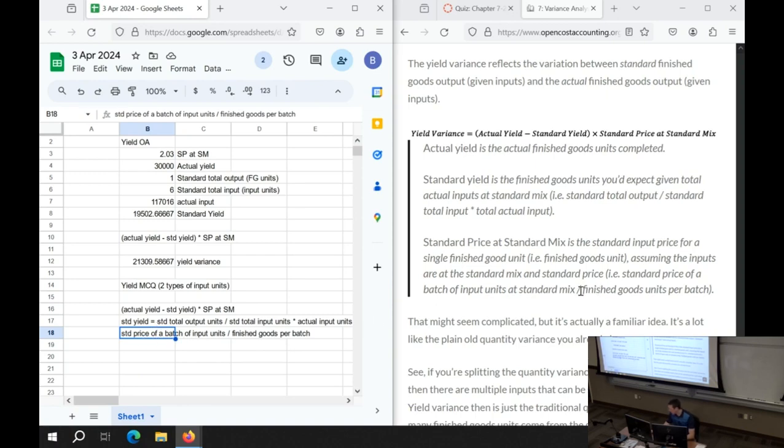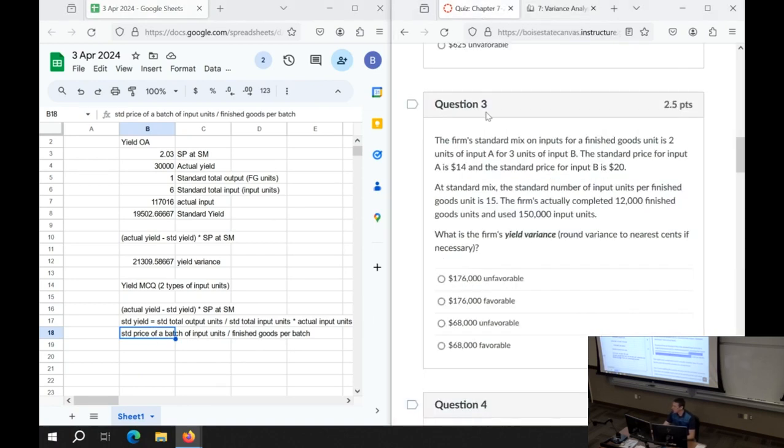We're saying standard price of 1 finished good per batch of input units. In fact, maybe I don't even need to include that. Because in this question, the standard price for a single finished goods unit is based on the fact that a finished goods unit takes 2 units of A and 3 units of B at the price of $14 per unit of A and $20 per unit of B. We're going to get the total price it takes to get 1 finished goods unit, so that denominator is going to be 1.